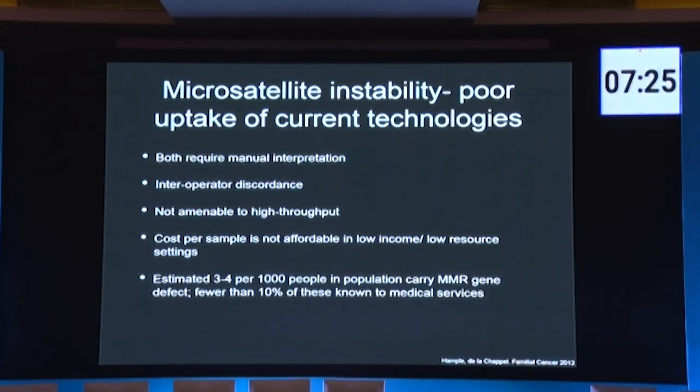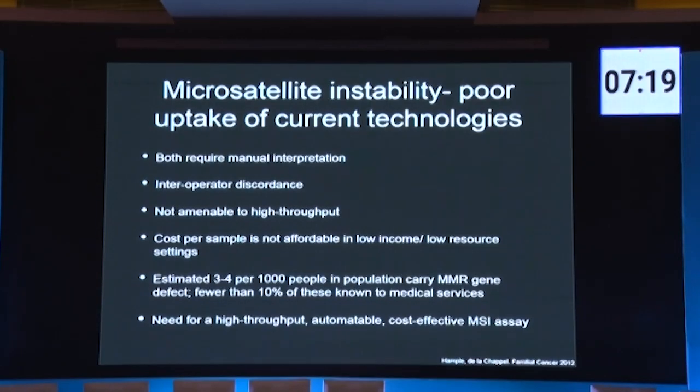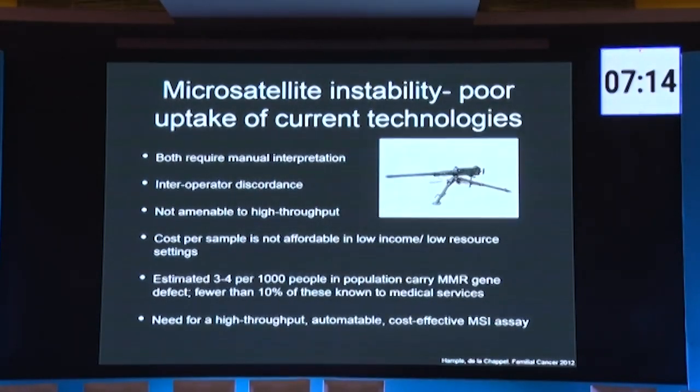So there is a whopping number of Lynch patients out there in the population that we haven't even recognized yet. Clearly, there's a need for a high-throughput, automatable, cost-effective MSI assay. More or less like a machine gun. You simply point and shoot, and it just shoots bullets left, right, and center.